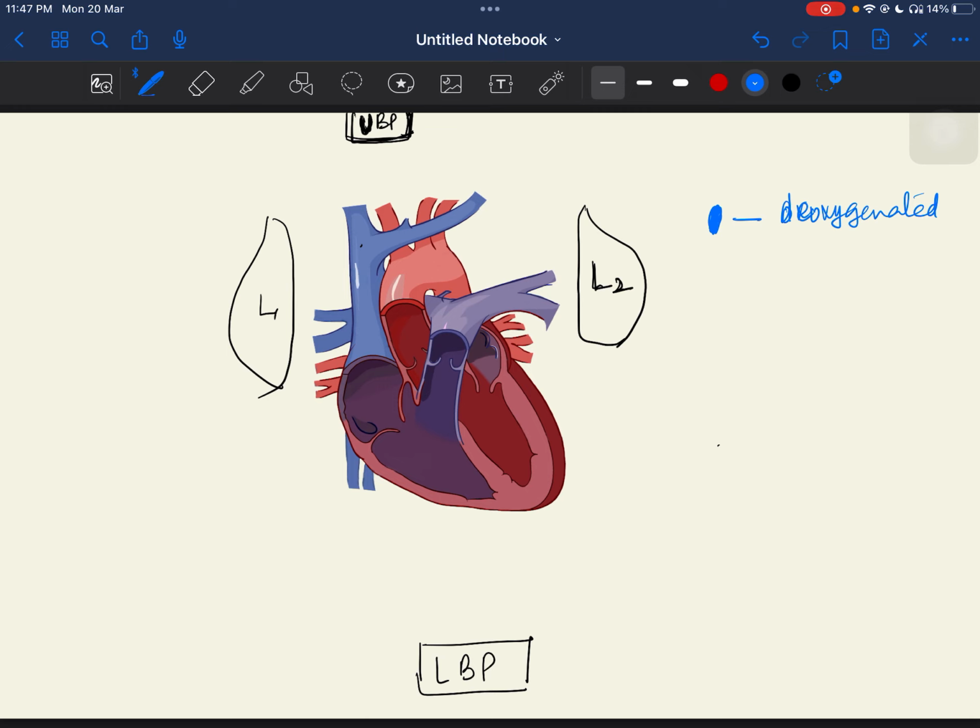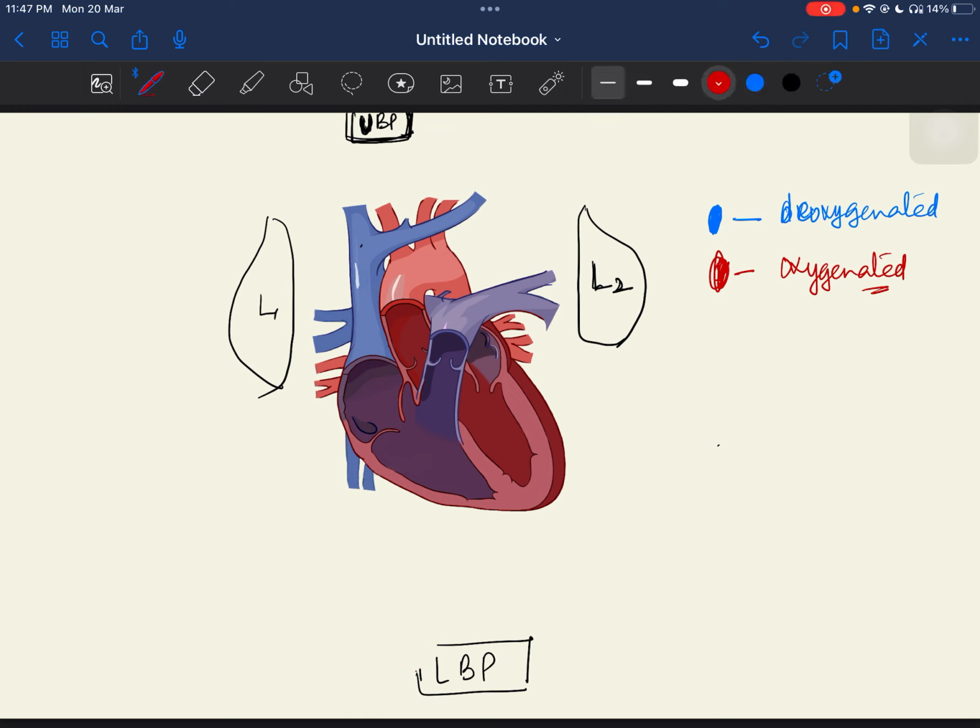Okay. And the red part donates the oxygenated blood. So let's start. It's easy, just be focused. Okay. So how it starts, let me first complete the picture.